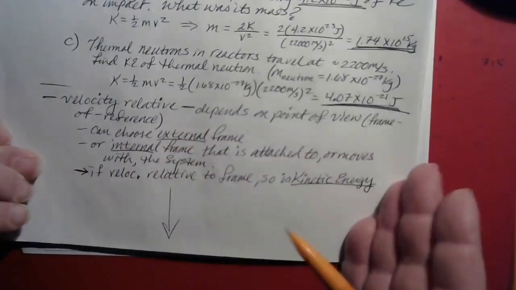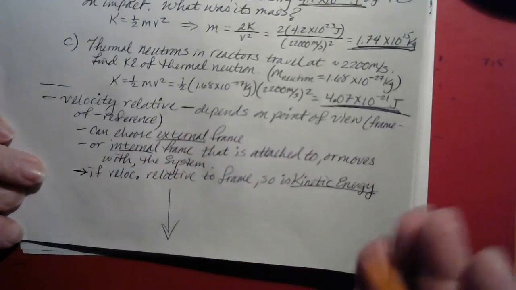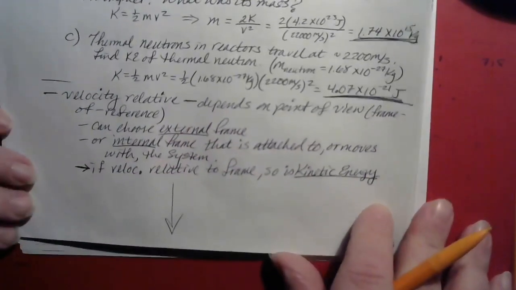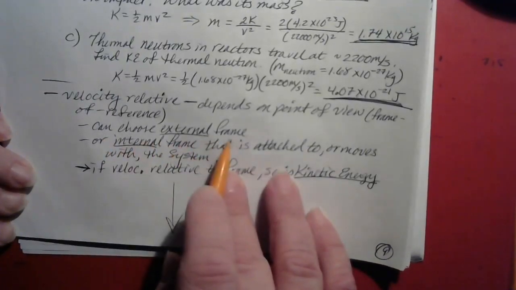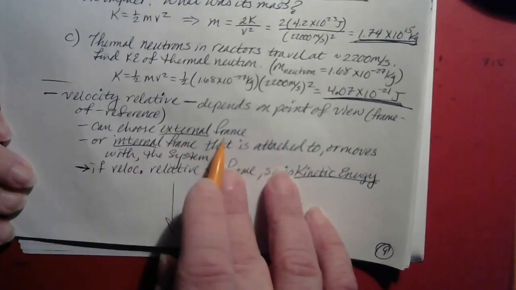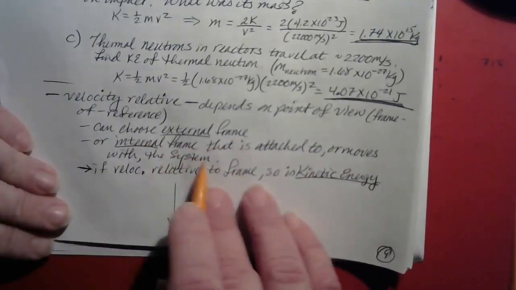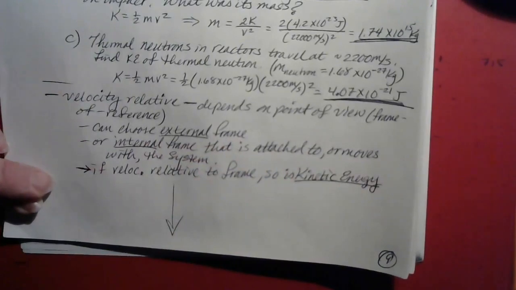You could pick a different frame of reference and get another answer for velocity for the same object traveling at the same overall velocity. And so, you can choose an external frame of reference. And in many cases, there's more than one external frame of reference that you can choose. Or in some cases, you can choose an internal frame of reference that is related to something within the system.